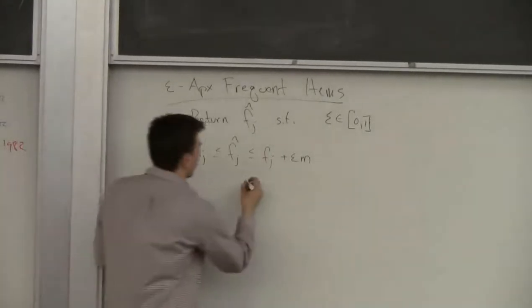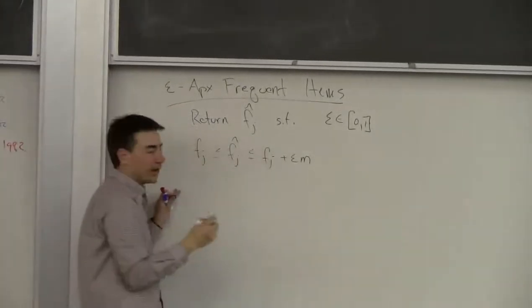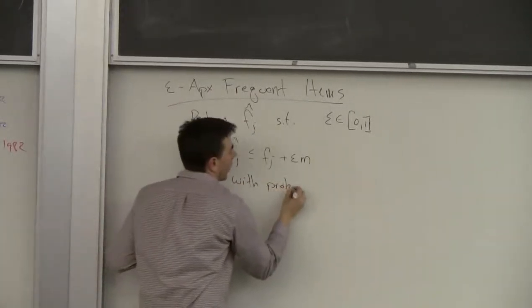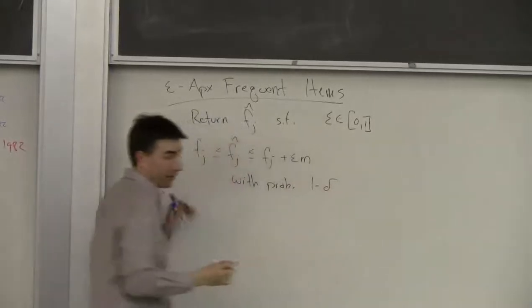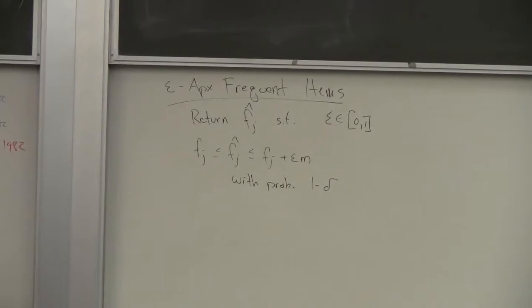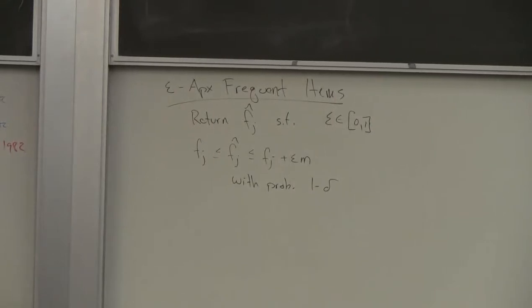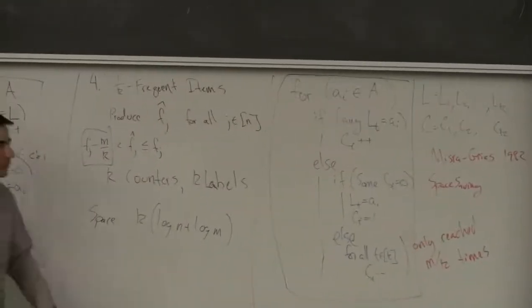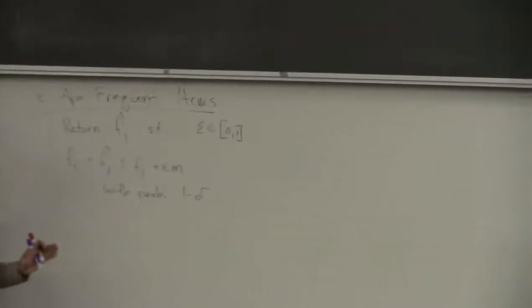Now this is going to be a randomized algorithm, so it works with probability 1 minus delta. Before, the space was big O of k times log n plus log m. Now I'm not going to quite be able to use just counters and labels.